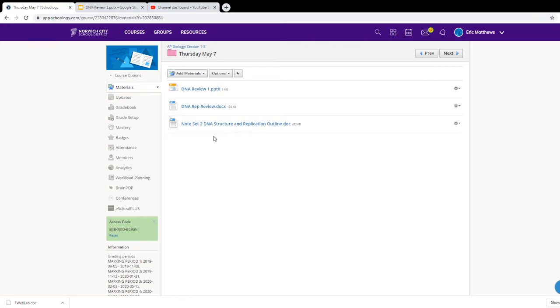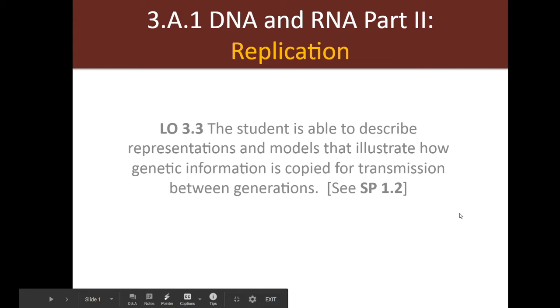I will warn you, for some reason in the note set, they don't refer to things as nucleotides. They refer to things as nucleosides, and I don't understand that. That's not me. My guess is that it was just a misspelling that continued through, but it happens a lot.